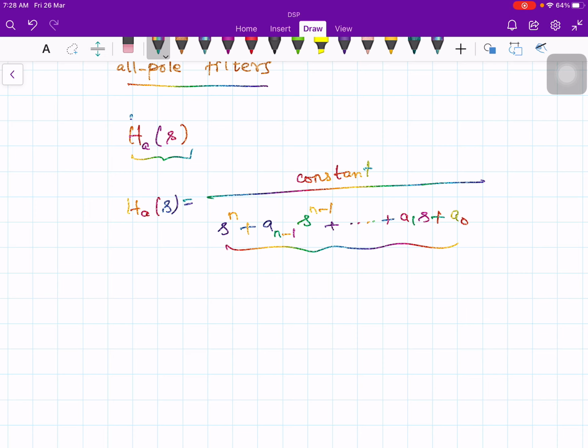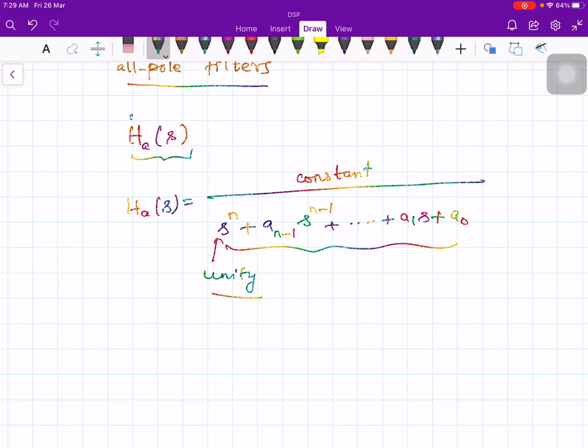In deviation from digital filter transfer functions, if you remember, in digital filter transfer functions we always write the constant term as unity. Here in this case we will write the coefficient of the highest power as unity.